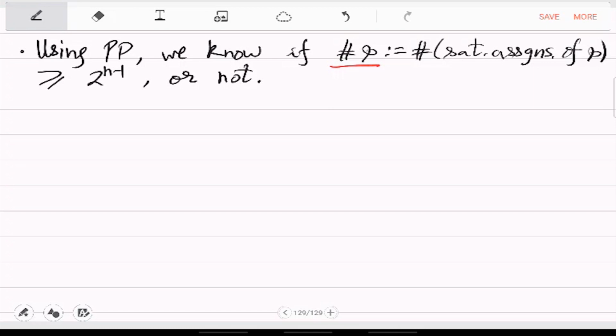Okay, so we will basically be able to compute the MSB of the number of satisfying assignments. So since it's in n variables, half is 2 raised to n minus 1.